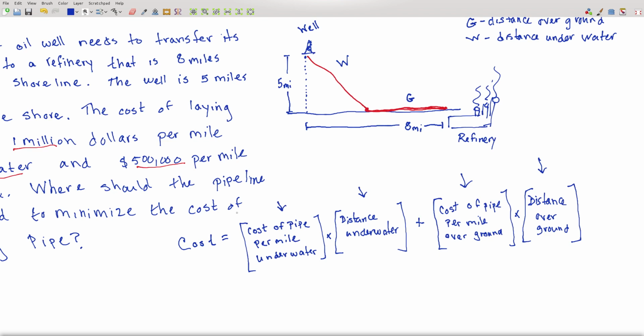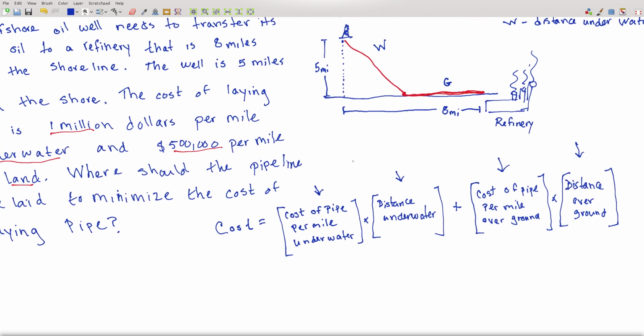So I'm switching my units here. Instead of using dollars, I'm going to instead use $100,000. You see, that just makes the numbers smaller.